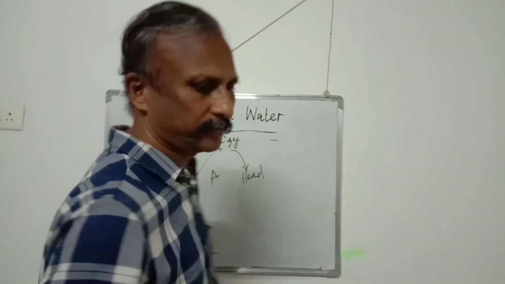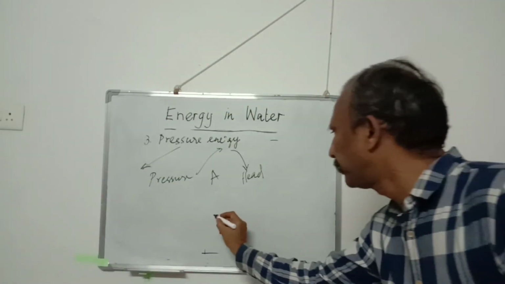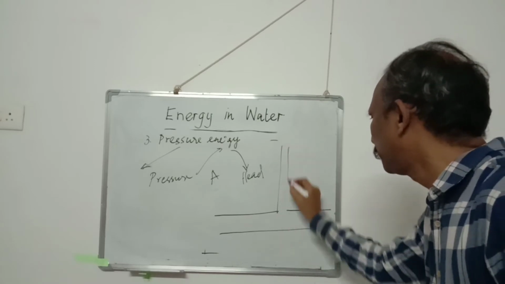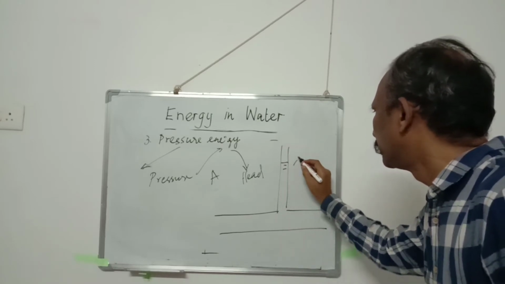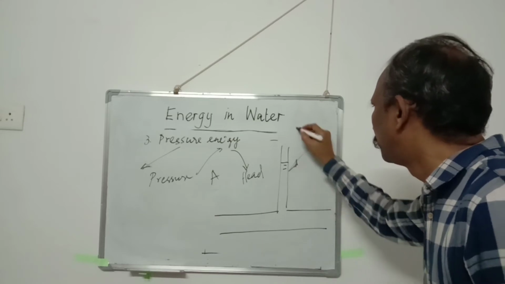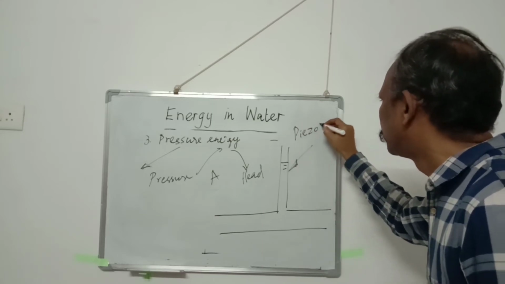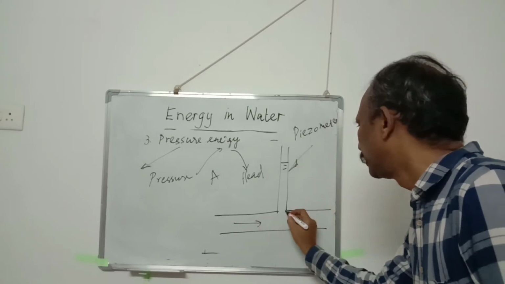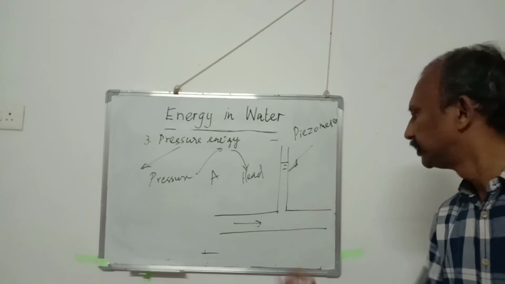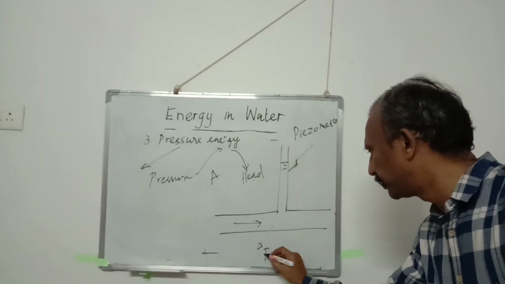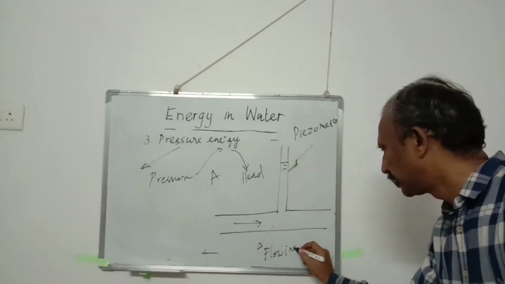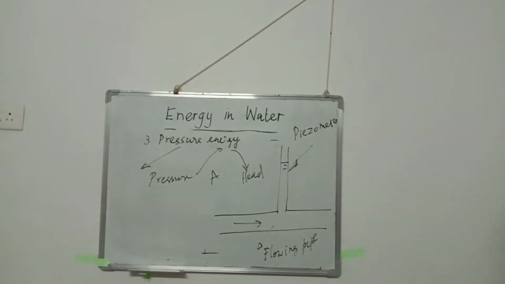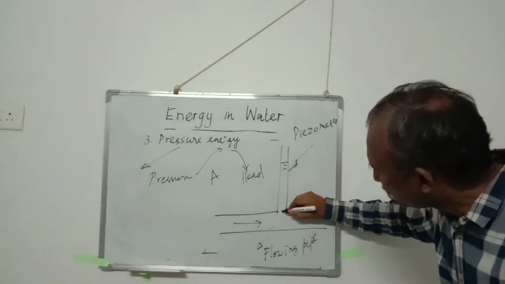In a flowing pipe with water, if you insert a vertical pipe, this pipe is called a piezometer. Water is flowing, so the pressure in this flowing pipe can be found using a vertical pipe inserted like this.